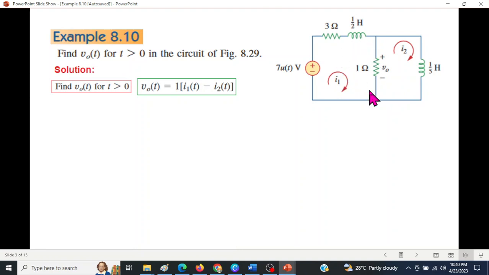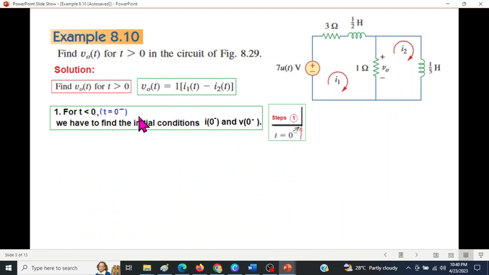I1 is entering from the top and I2 is leaving there, so they are in opposite directions. So we'll write I1 minus I2, assuming I1 is superior. So (I1 minus I2) multiplied by the resistance is V0(t). That means to solve V0(t), we have to actually solve I1(t) and I2(t).